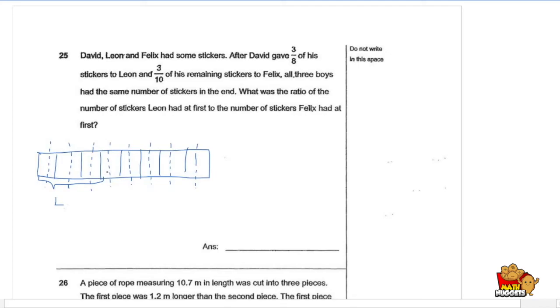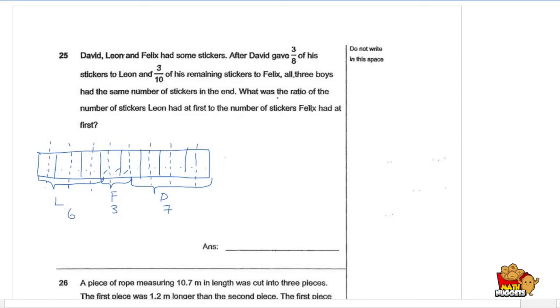Now 3/10 of the remainder to Felix. So 1, 2, 3. These 3 given to Felix. Then this is what David had left. So David was left with 1, 2, 3, 4, 5, 6, 7. Okay, so Felix over here is 3. Leon over here is 1, 2, 3, 4, 5, 6.